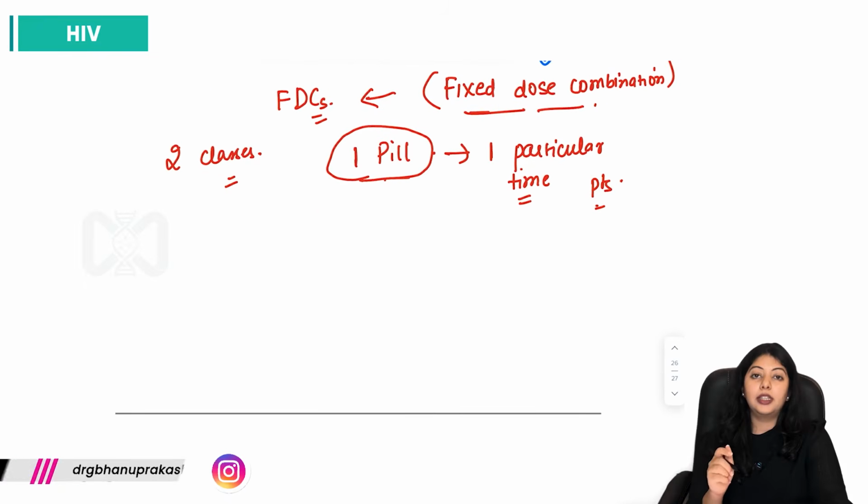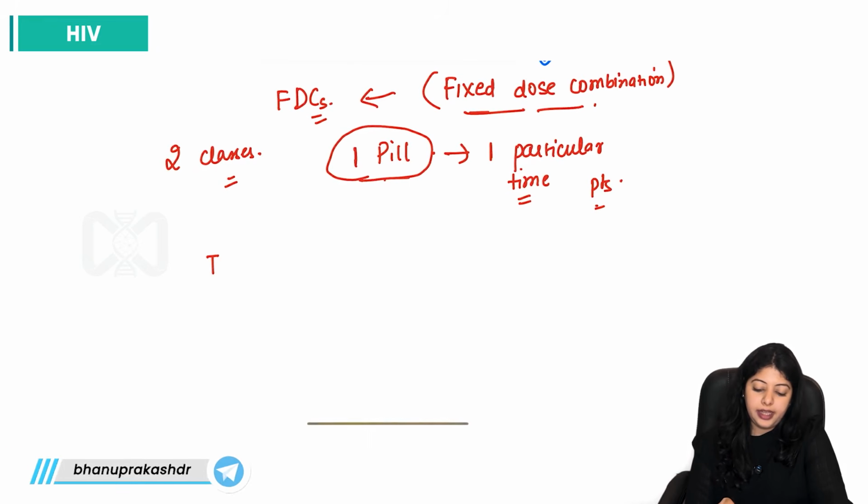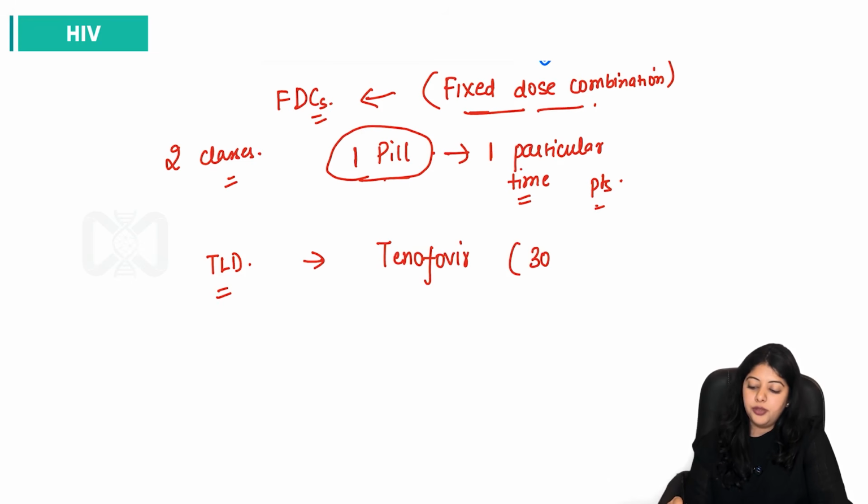So what is the most accepted and NACO recommended regime? It is the TLD, which includes tenofovir, 300 mg.